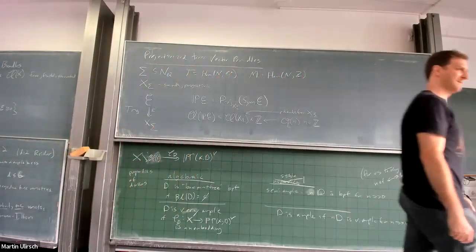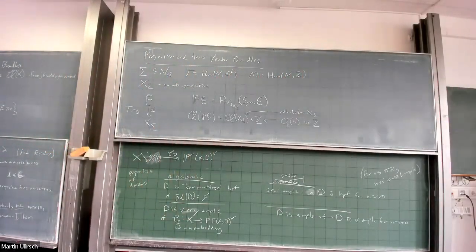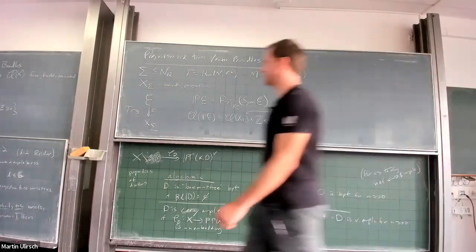What's the advantage of projectivizing? Well, we want a projective variety. The vector bundle itself, the total space, is not projective, and we're biased towards projective things.